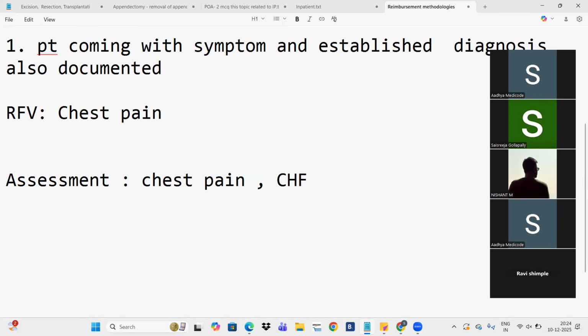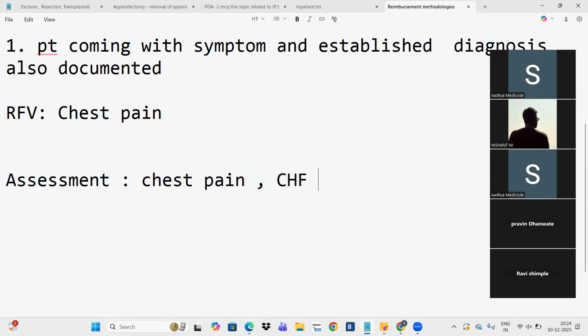Here it is CHF, congestive heart failure. The patient comes with the symptom and they find the established diagnosis related to the reason. Again, can you code chest pain? No. Whenever we find the established related diagnosis, there is no need to code the related symptoms.